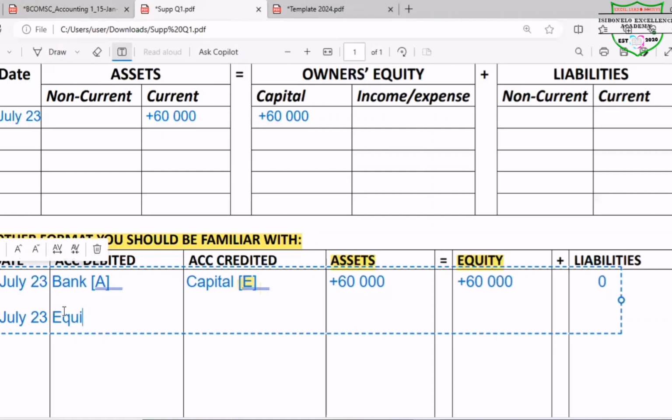So we have debited equipment, which is an asset, and the account credited is capital account, which is an equity account. So now the two columns that will be affected are the asset and equity columns. So under the asset column, we have recorded 35,000 on the debit side.